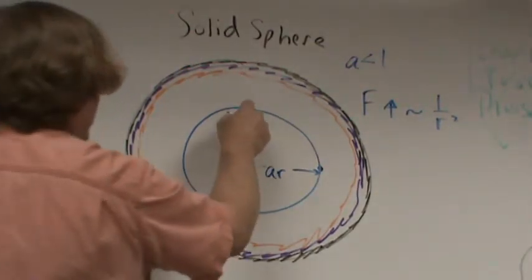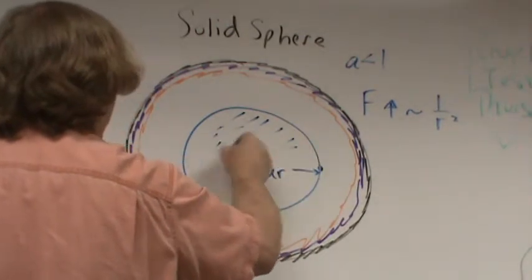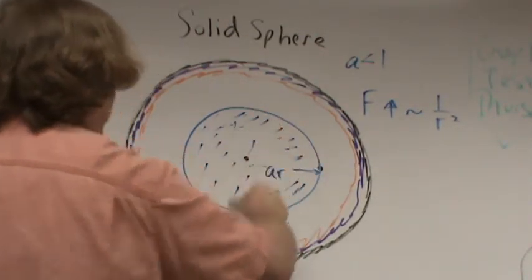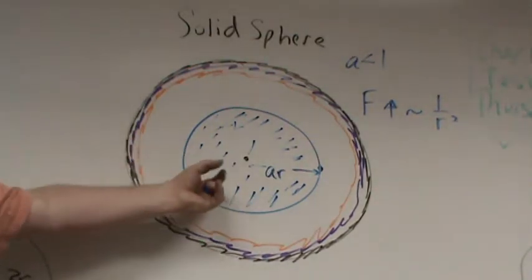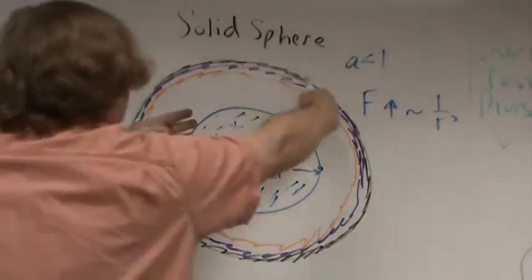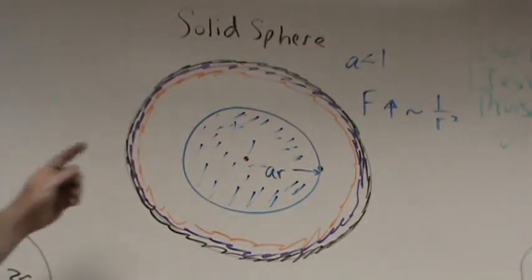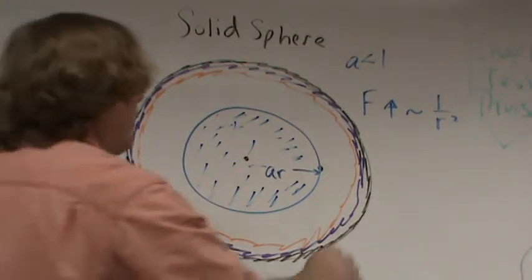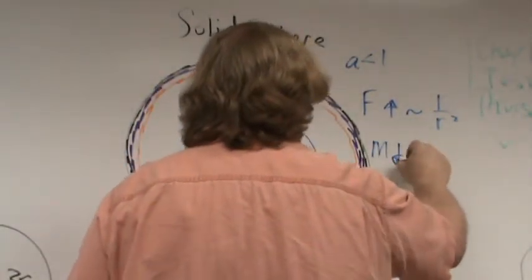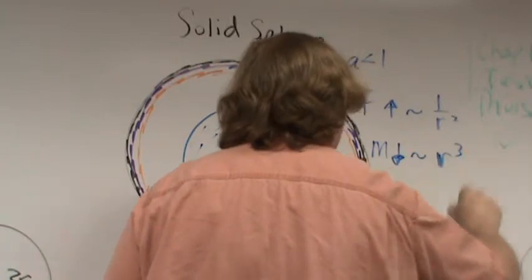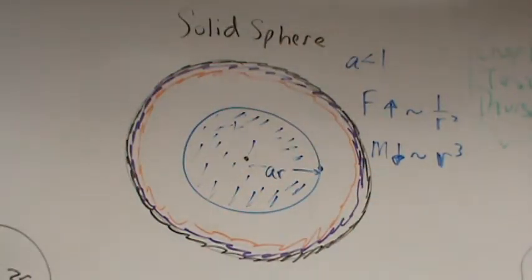But the problem is the mass of the Earth got reduced, right? You reduce the size of the planet. You reduce the mass of the Earth, because all of this Earth out here isn't contributing to the gravitational force on you. And the mass has gone down proportional to the cube of the radius. You see?